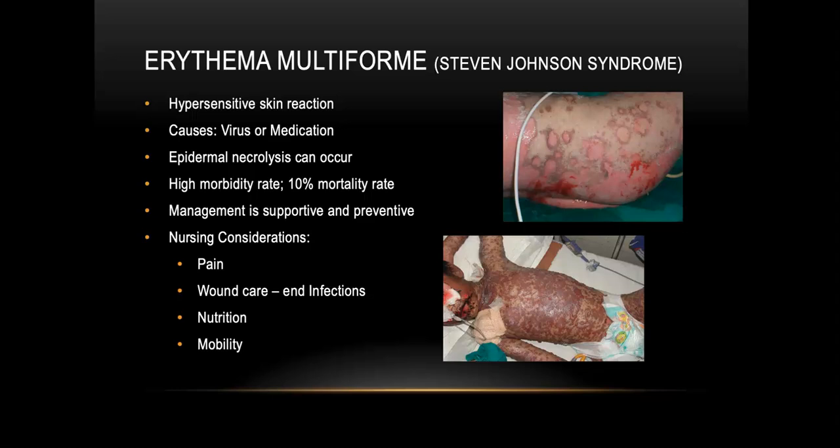There is a 10% mortality rate for this. So anyhow, I just wanted you to know about that one. There is a possibility you could see a child at Children's, because this has happened many, many times, and it can happen for multiple different reasons.